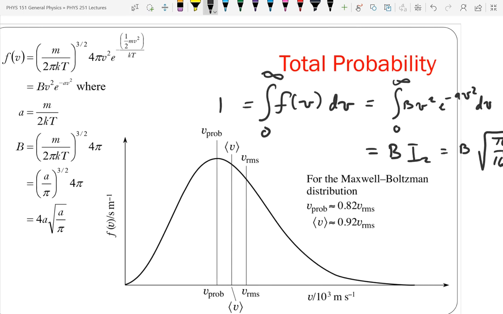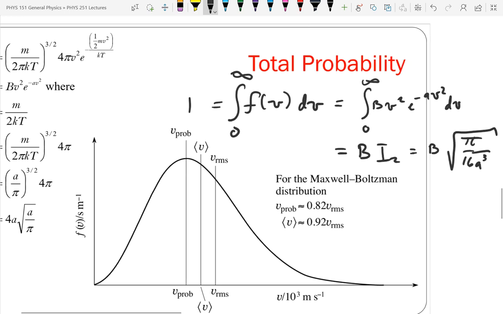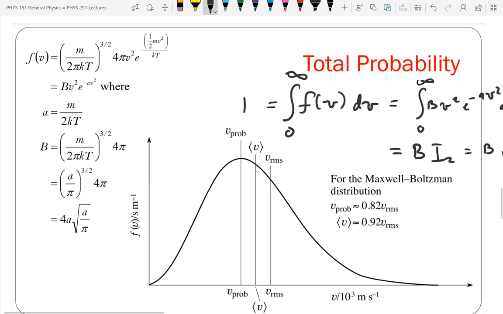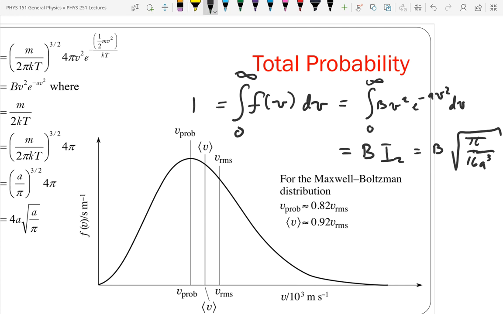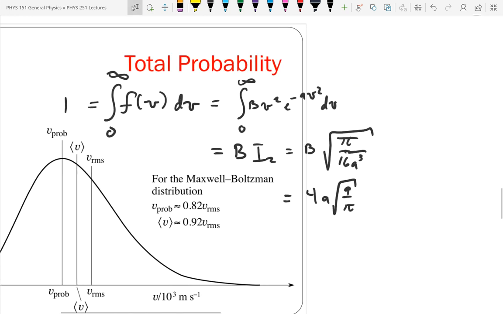I have b written multiple ways here. And so I'm going to use the final one there, even though you might recognize it would have been easier to not put it in this form. Bring the 4a in.